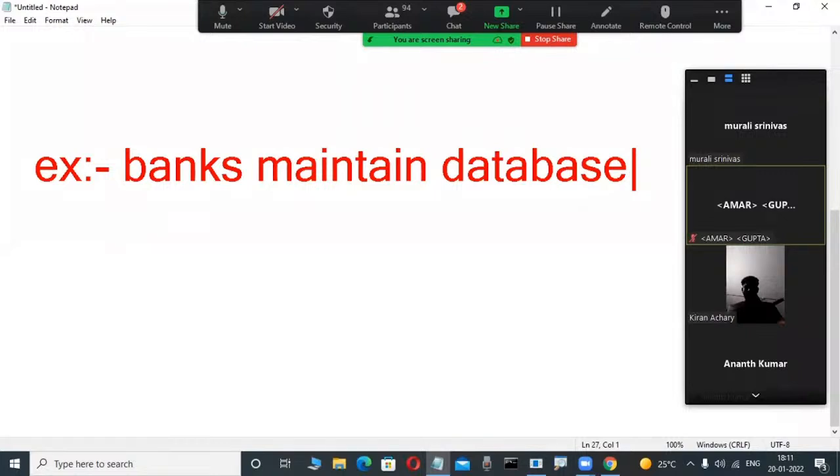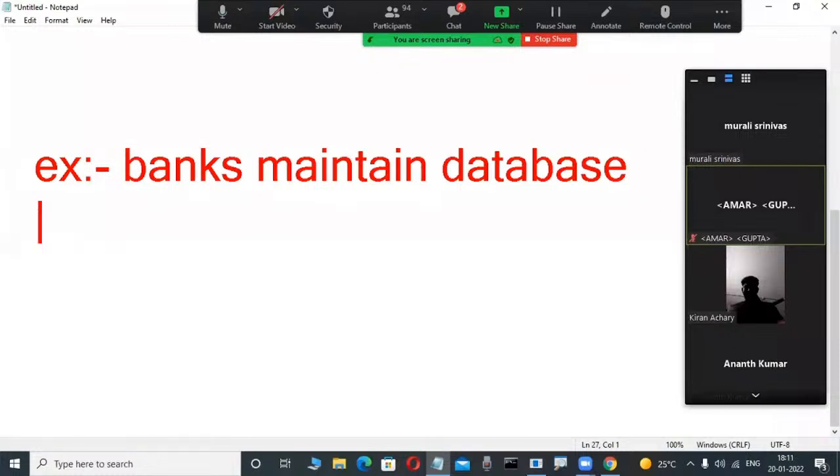Suppose you or I or other customers withdraw some amount. Those details are also needed. Again, some people transfer money from one account to another, either online or offline. All those transaction details I want to store permanently. Then only we can operate everything. That's why banks maintain databases.